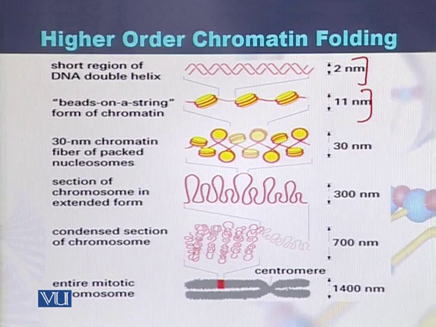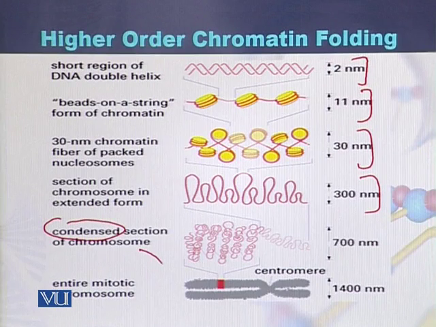Then these nucleosomes are placed in the same vicinity and they form 30 nanometer diameter. Once nucleosomes are packed with each other, they form the fibers, and this fiber forms the scaffolds. So these are the scaffolds which are 300 nanometer. These scaffolds ultimately, after condensed form, are converted into the shape of the chromosome.